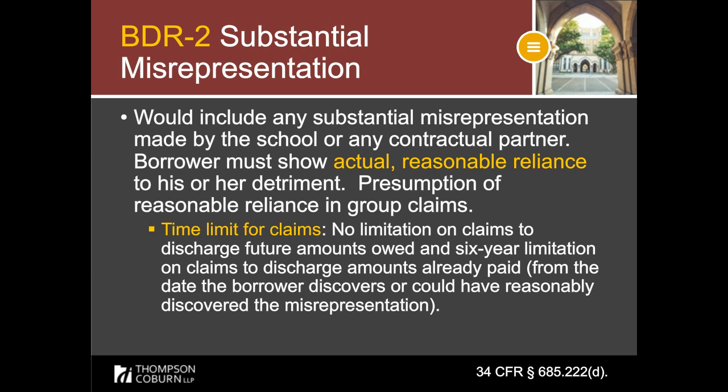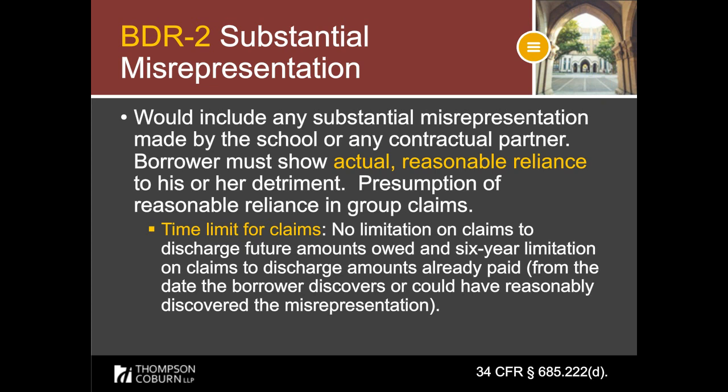So it's a rebuttable presumption. But in that context, the department doesn't actually have to show that everyone individually relied on the substantial misrepresentation. There's no limitation on claims to discharge future amounts, and again, a 6-year limitation on claims to discharge amounts already paid, and that's from the date the borrower discovers or could reasonably discover the misrepresentation.